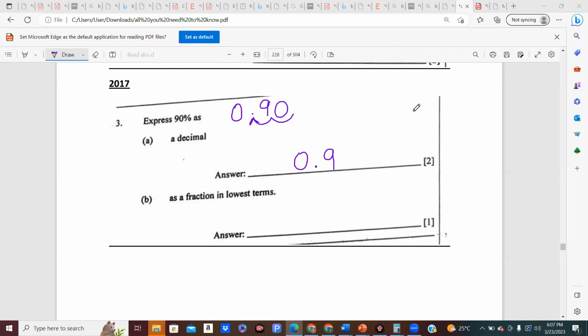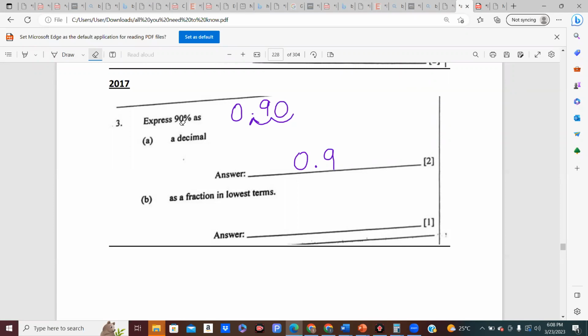Miss, why did it turn to 0.9? You don't need the 0 in the back because we could put it, but it doesn't make a difference. So 0.9 is the same thing as 0.90. If we have 80%, what would 80% be? 0.8.